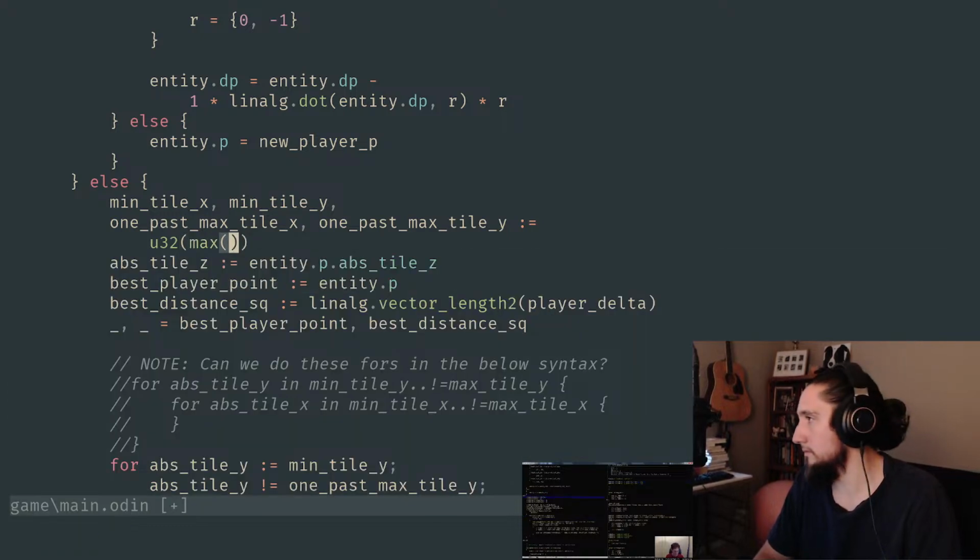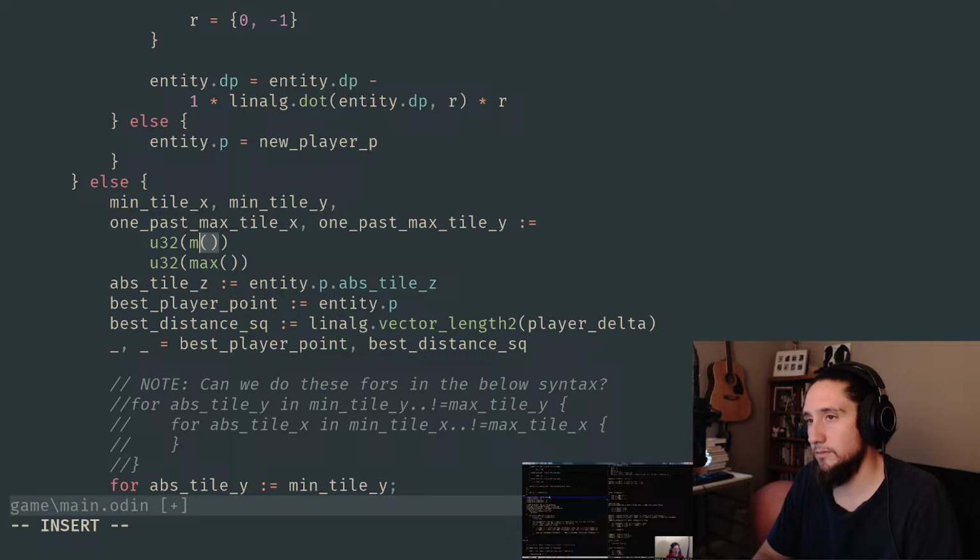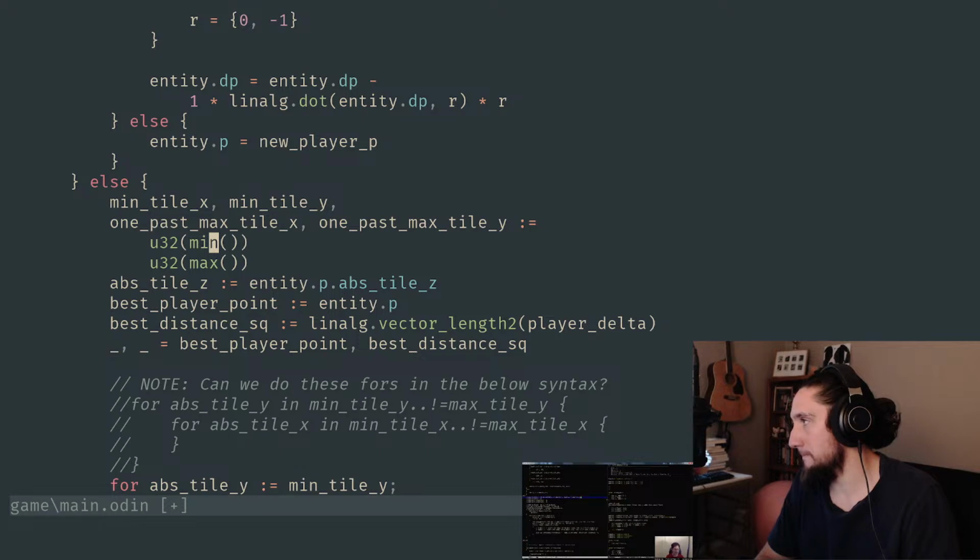But what I would like to do now is say, okay, I've got the old player P, and I've got the new player P. So let's take whichever one of those has the smaller absolute tile index, and the greater absolute tile index. Yeah, the bounds in which we're checking depend on the smallest of those two values.